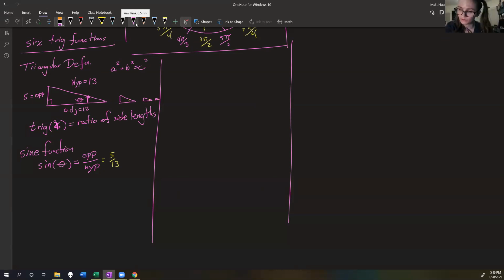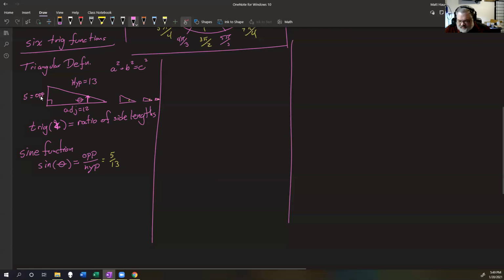So then would cosine be the adjacent in the hypotenuse? It would. Well, that's one relationship, the opposite to the hypotenuse. We've got a bunch of different relationships, and you're right, the cosine function, its job is essentially the same. It's just a different ratio.